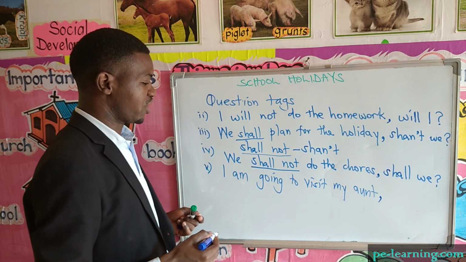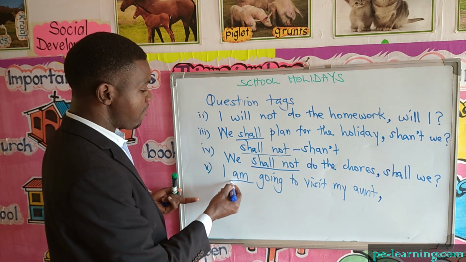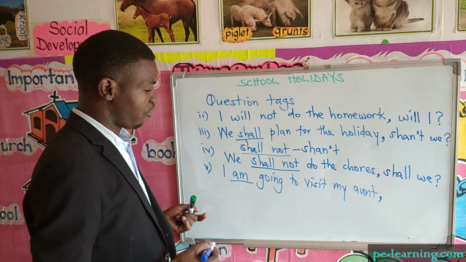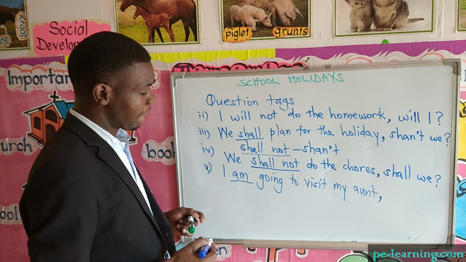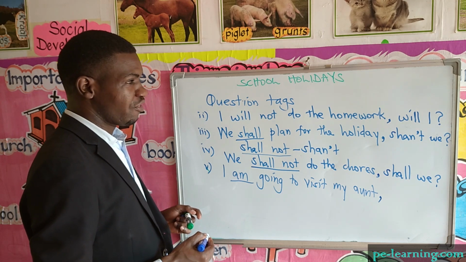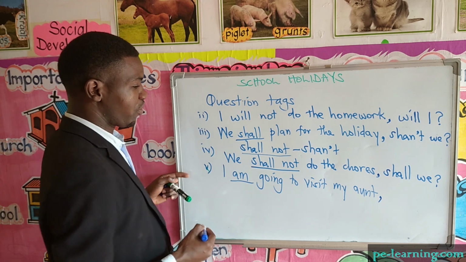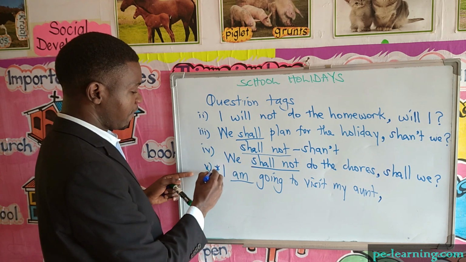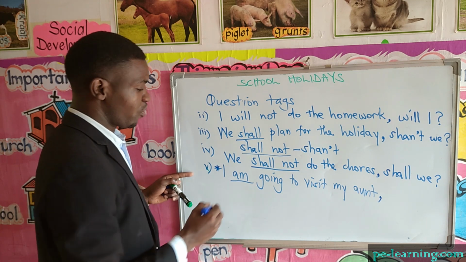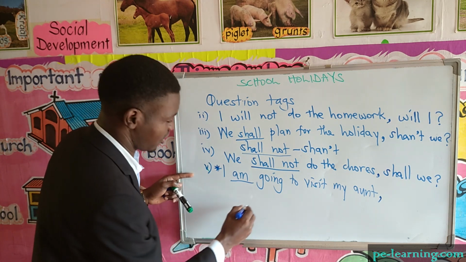We're going to supply a question tag. Now here we have a helping verb within the sentence. How do we have to change it? For this case, we have to form a negative of this. Now, this is a special tag where we don't say, I'm not.